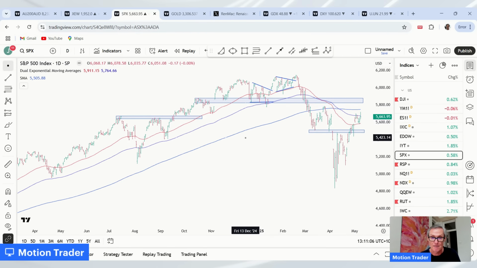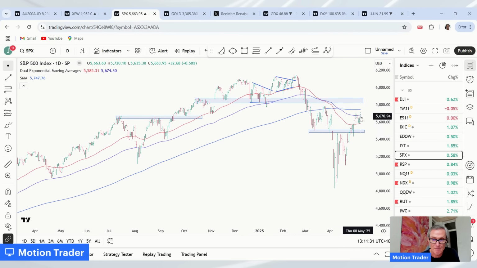You can see this slower, less reactive moving average is the 200-day, and there's a 100-day below that, and the 50 below that. The 200 and the 100 in particular are key technical levels, and they're in close proximity to each other. So is this something to worry about?